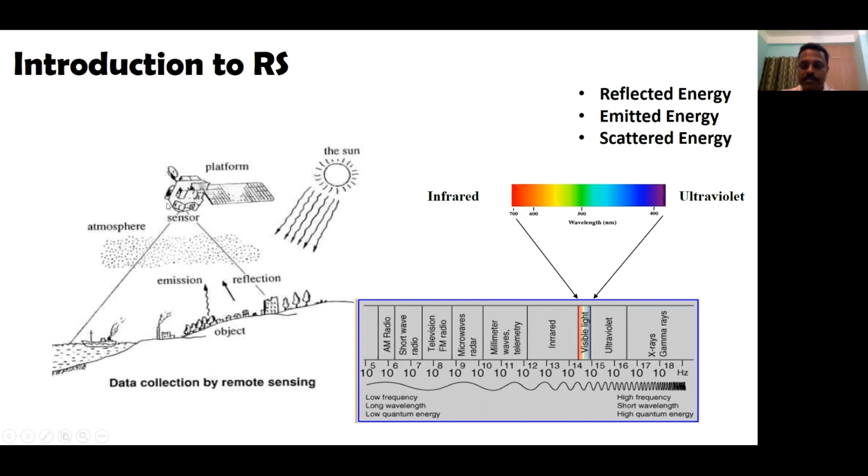If the sensor captures this energy, this is known as the scattered energy. So basically, these three types of energy are normally captured by the sensor. And we should remember that remote sensing is all about capturing the energy.